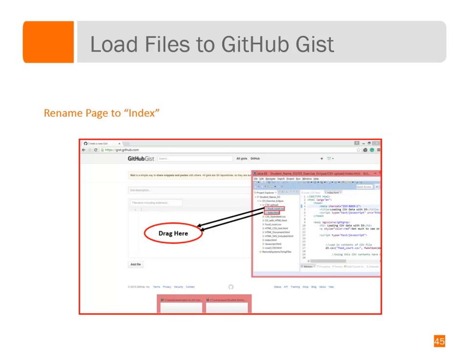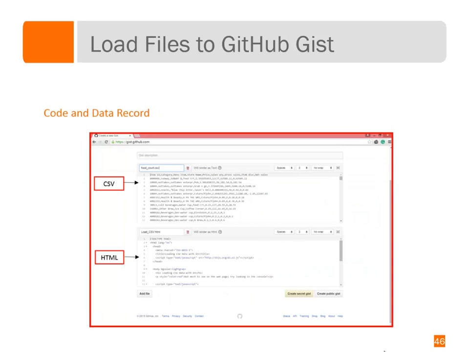When we drag those over, so from our directory, you can see on the right-hand side there, we have both the piece of code we've renamed index as well as the food court data file. We drag it over to the GitHub gist, and then it will bring in both the HTML code and record that, and then it will also bring in the data file.